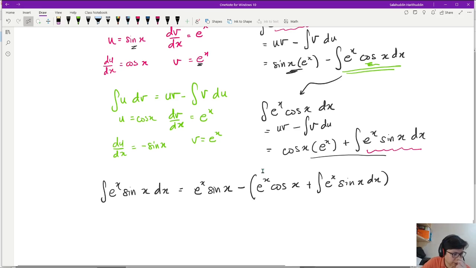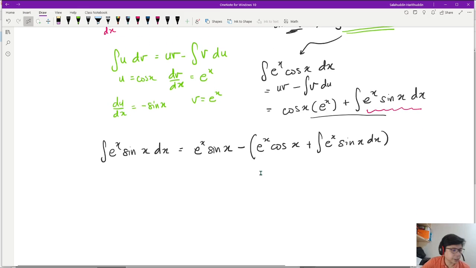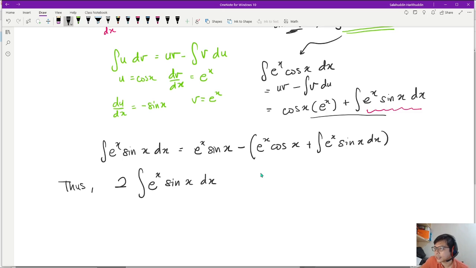Okay, and then what I can do is here, that's 2 times the integral of e^x sine x dx, which is equivalent to e^x times sine x minus cosine x.